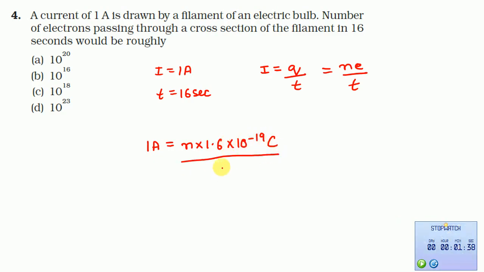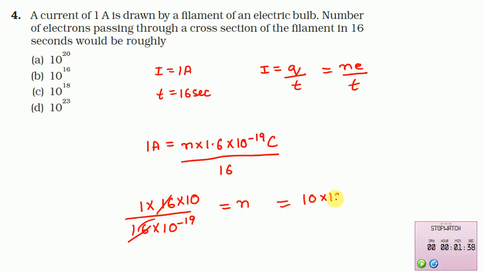And the time that we have is 16 seconds. Ampere, coulomb, second have to be there. 1 into 16 divided by 1.6 into 10 to the power minus 19 is equal to n. If we remove this decimal, we get 10 over here, and this 16 is cancelled. This 10 power minus 19 will go up. 10 into 10 power 19 will be 10 power 20. So the correct answer is option A.